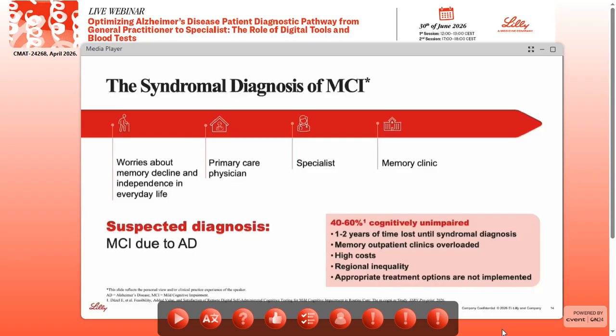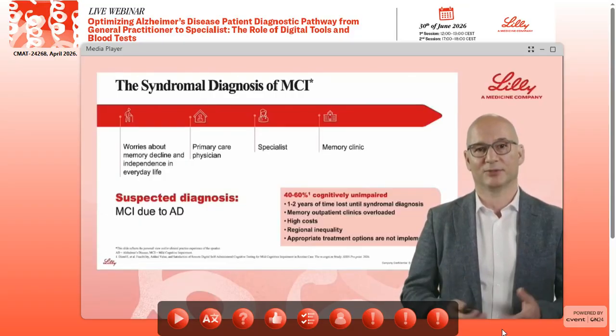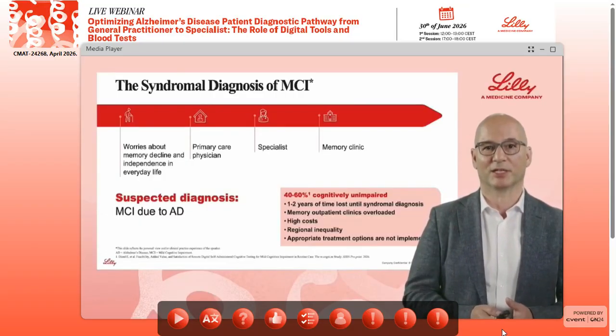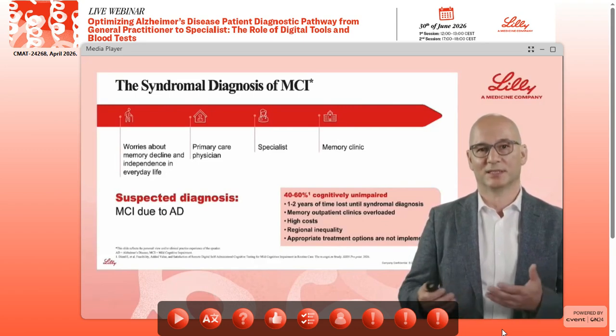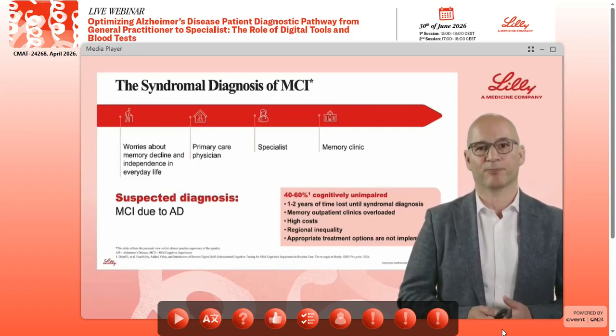So the journey of patients usually starts with worries about memory decline. Then they often come to a primary care physician, which then makes a referral to a specialist, and then a further referral occurs to a memory clinic.